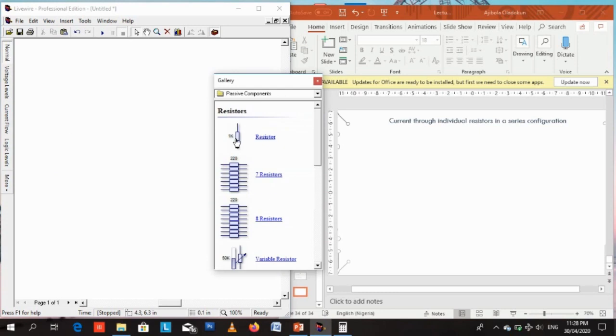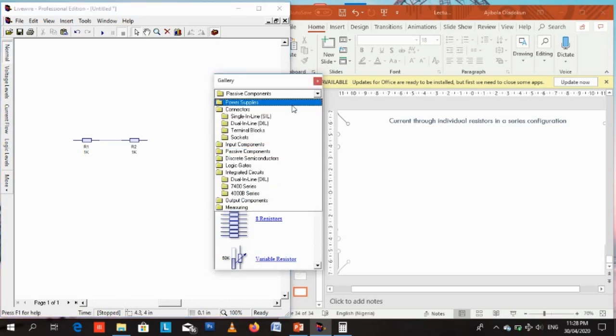So let's go back to Live Wire, get a resistor, rotate it to the right, rotate it again. We have R1 and R2.